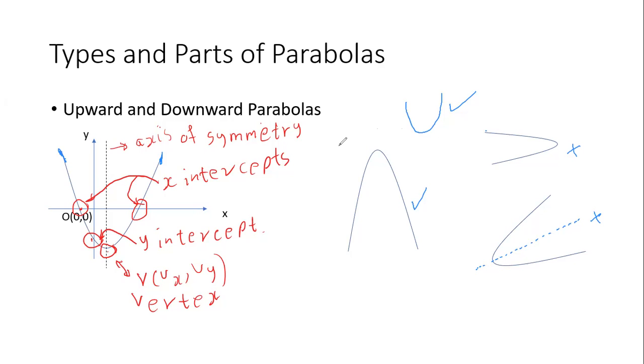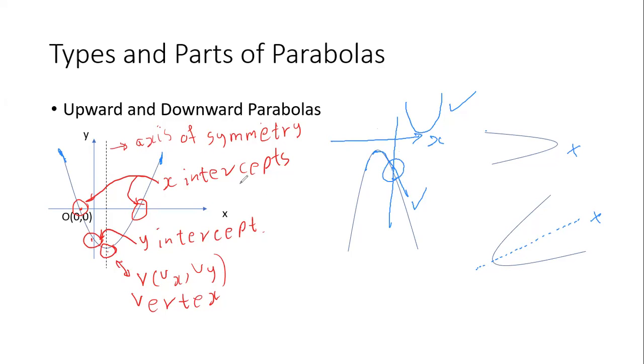Imagine if you have an axis system like this with this parabola. It does not intersect the x-axis at all, but it intersects the y-axis at this point.